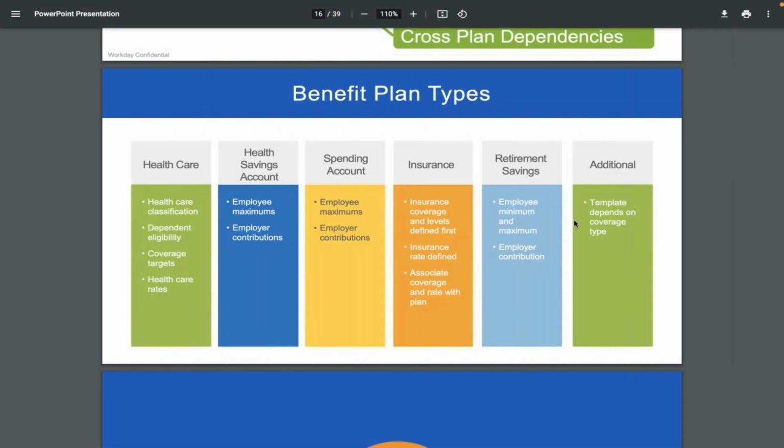And then additional plans. Additional plans means things like pet insurance, metro train tickets, cafeteria benefit, gym payment, or a mobile purchase amount. Some employers give such benefits to their employees.